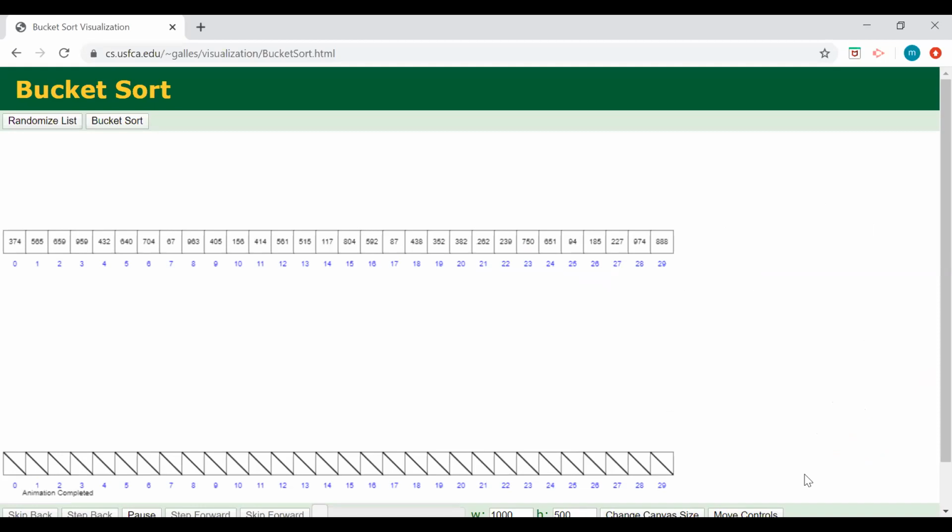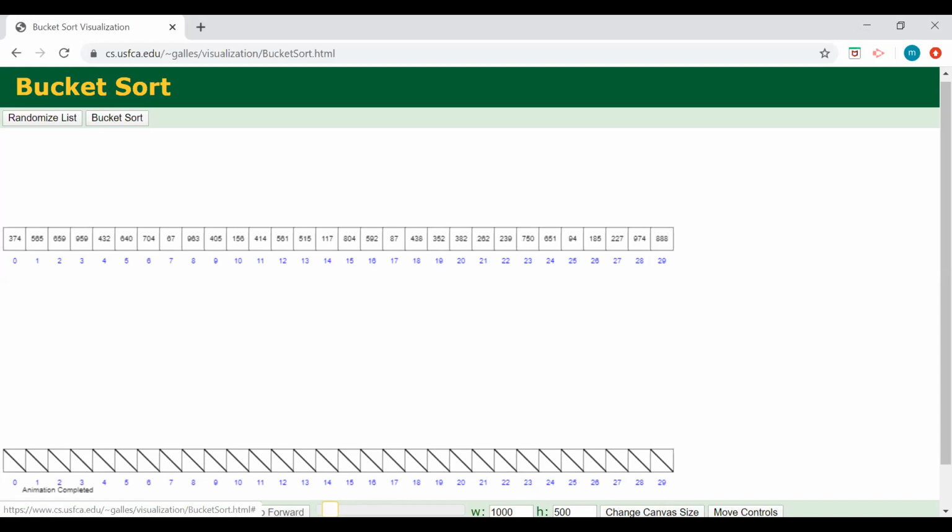Okay. So I've gone to this site because visualgo.net doesn't have bucket sort. So I'm showing you something here. Now, why did I bring you this one? Because if you look carefully on the screen, the numbers here are whole numbers. Make the speed quite slow.